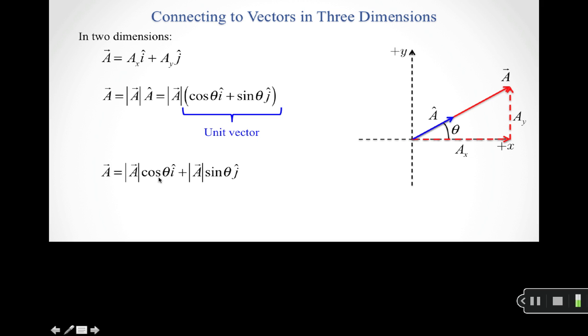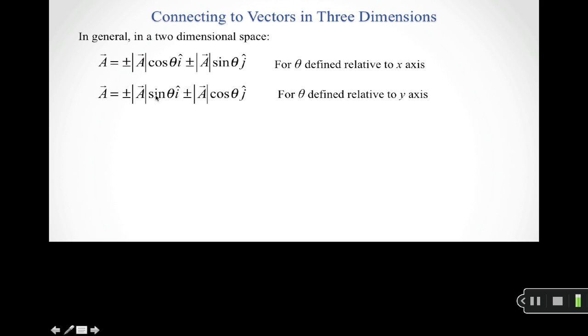So what I'm left with is the magnitude of A times cosine theta for my x component, sine theta for my y component. And all that really is, is multiplying the magnitude of vector A into my unit vector. So I see that the way that we've been doing it is actually equivalent to thinking about the vector in terms of magnitude times a unit vector.